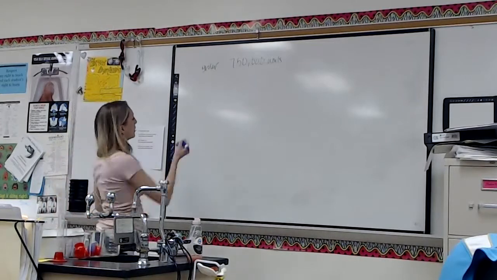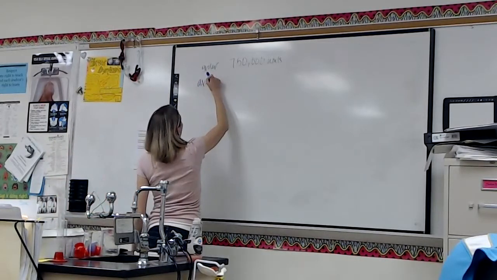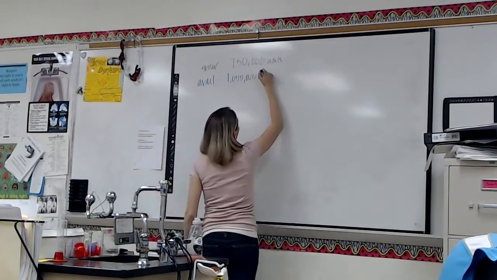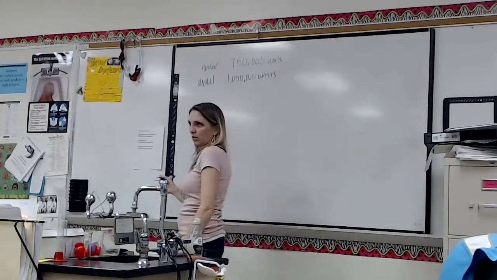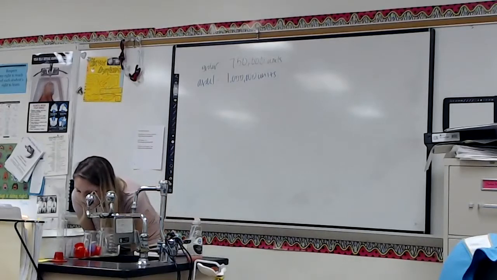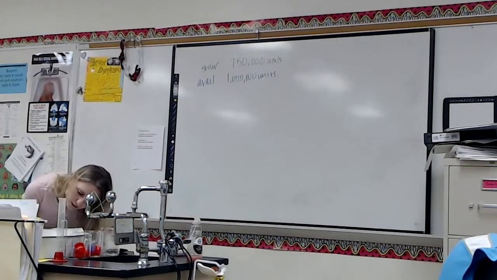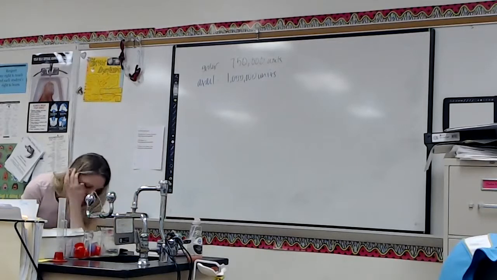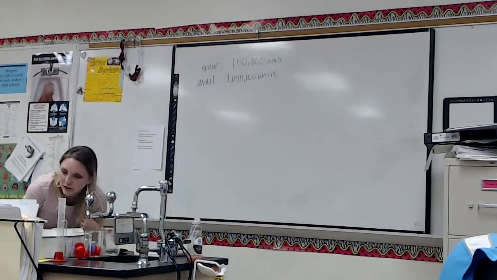It says 1 million units. And here, see where it says the usual dosage? It's hard to see. It's going to tell you how many units, and it's going to tell you different strengths.